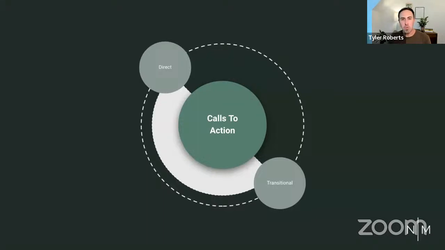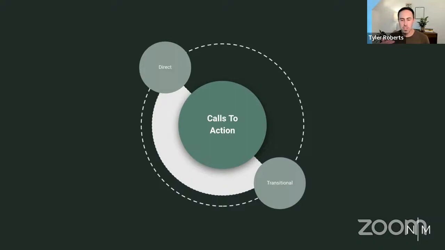Now, not everyone's going to be ready to do that. They're not going to be ready to jump into a relationship or have a conversation about whatever they're going through. So we have what's called a transitional CTA, which is our secondary CTA. A transitional CTA is something we can do to foster a relationship with the lead and then present them with the direct CTA.